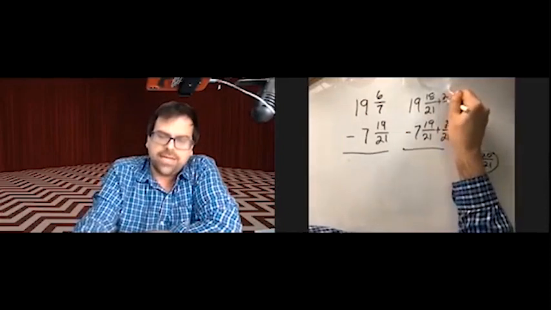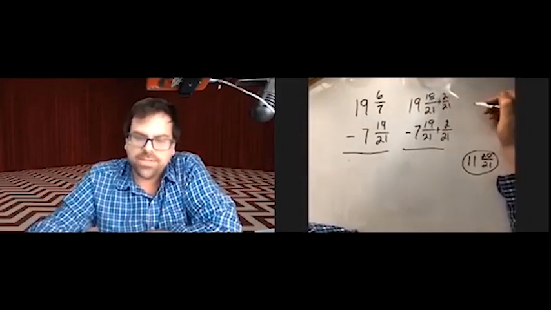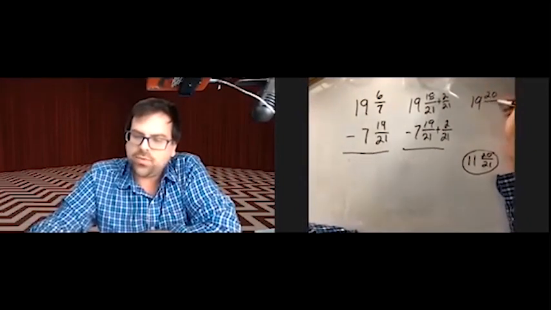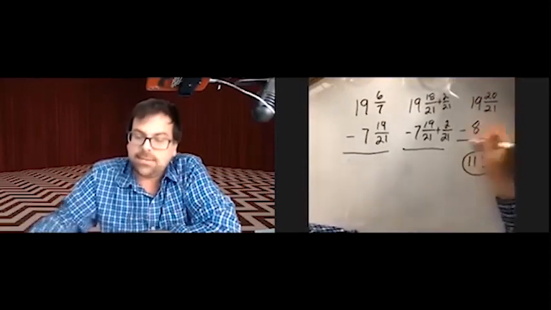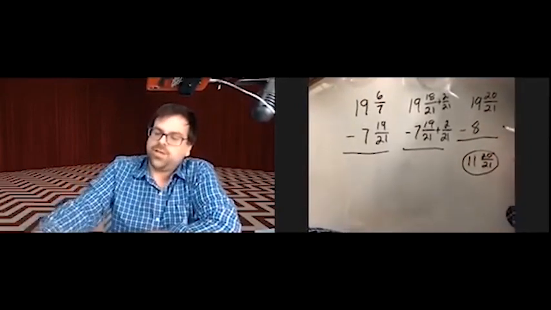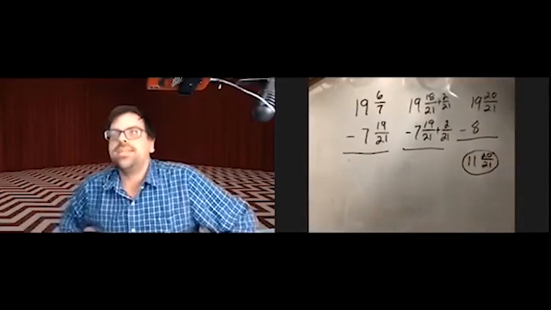So we'd also add 2/21 on top. This would then become 19 and 20/21 minus 8. 19 minus 8 is 11. 20/21 minus nothing is 20/21. The trick was nice here.